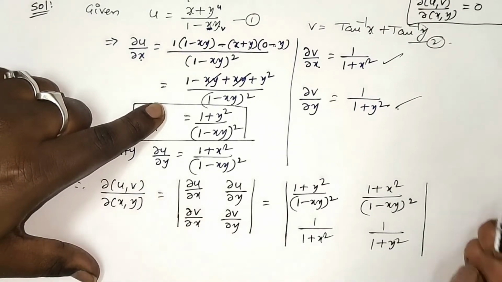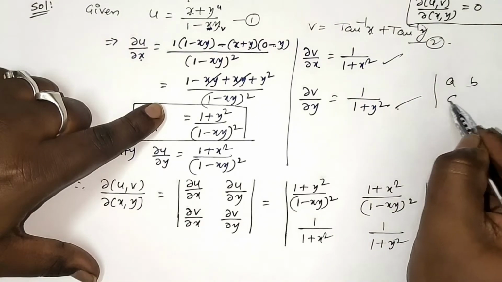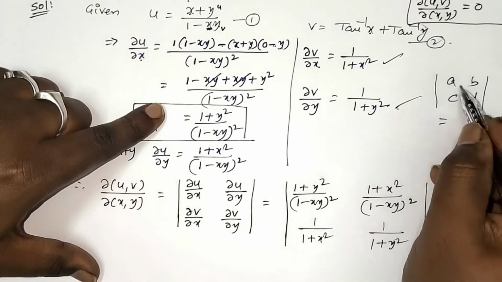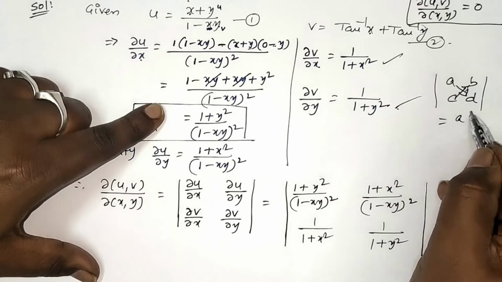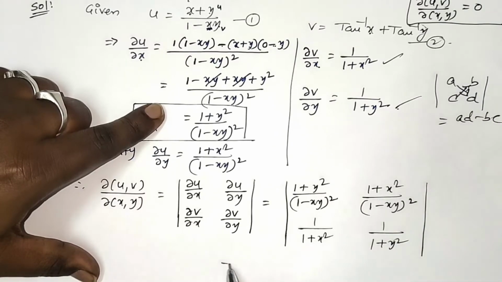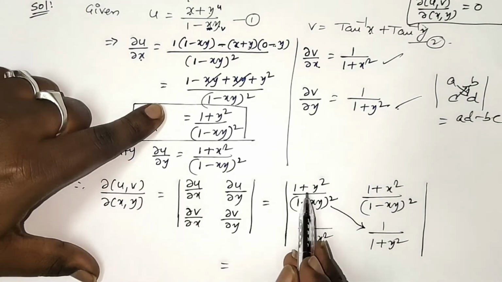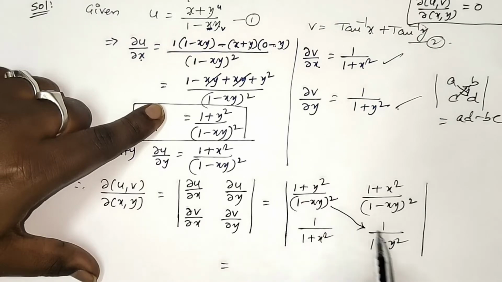So this is a 2 by 2 matrix. Already you know that the determinant of a 2 by 2 matrix with entries a, b, c, d is ad minus bc. According to that, you will get this one into this one. Here the numerator is 1 plus y square. Here in the product the denominator is 1 plus y square. So 1 plus y square and 1 plus y square get cancelled.